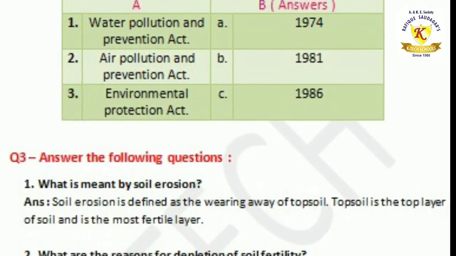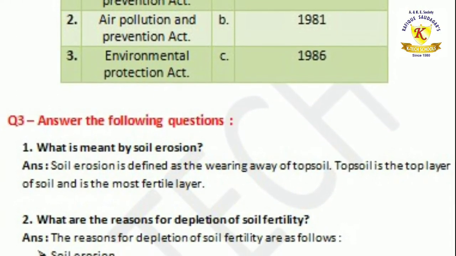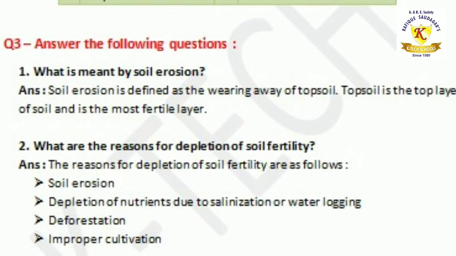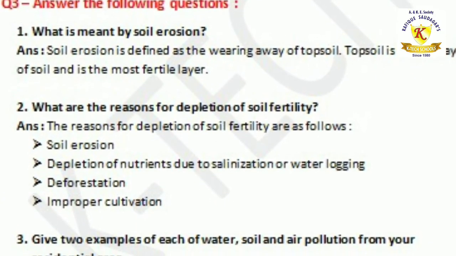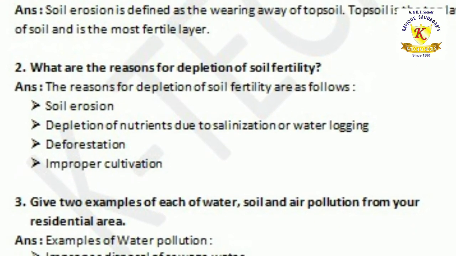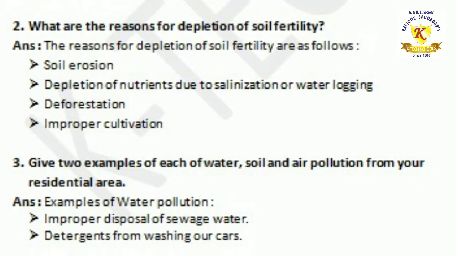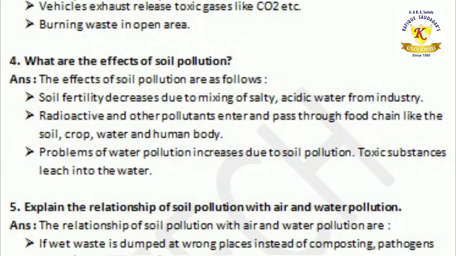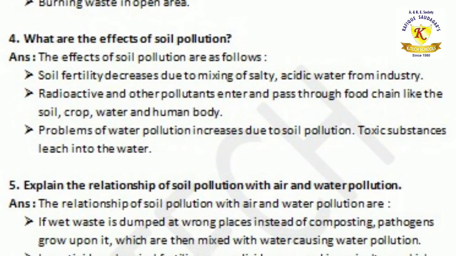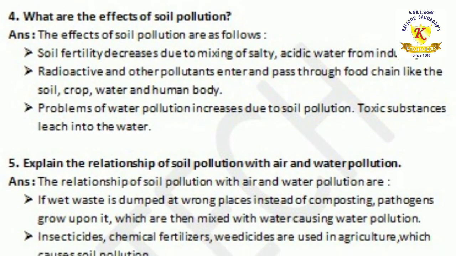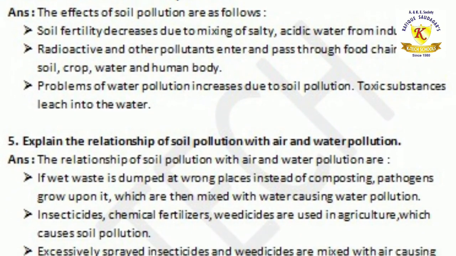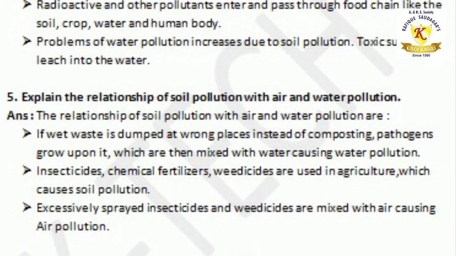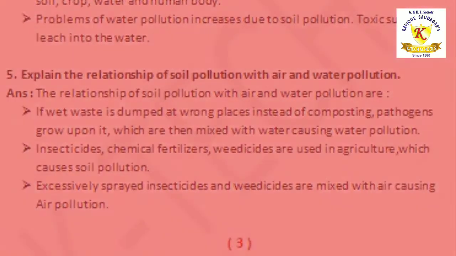The next we have match the following, followed by answer the following questions. The questions are given and you need to write the answers. And here the answers are written in detail. You need to write the relation between soil and air pollution. So write these notes in your Science EW book.